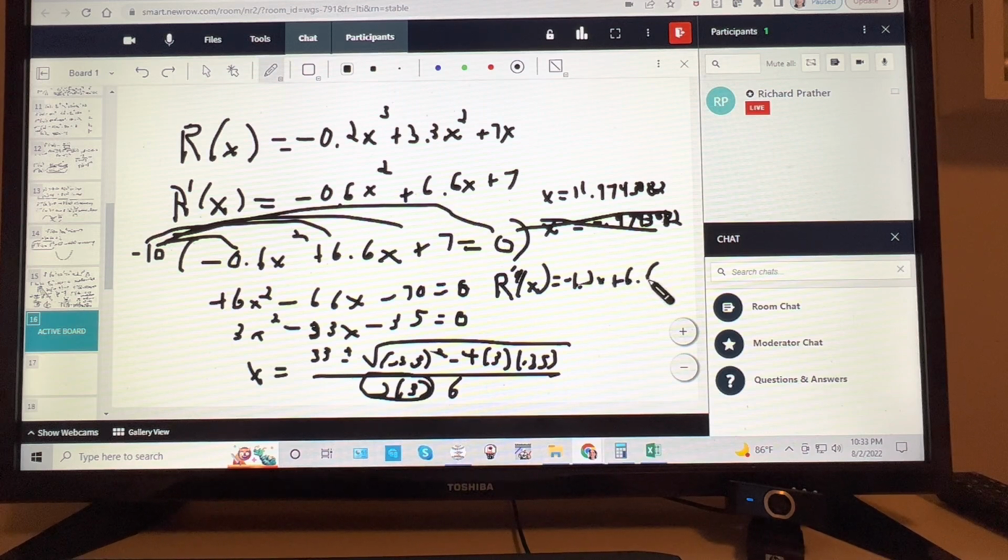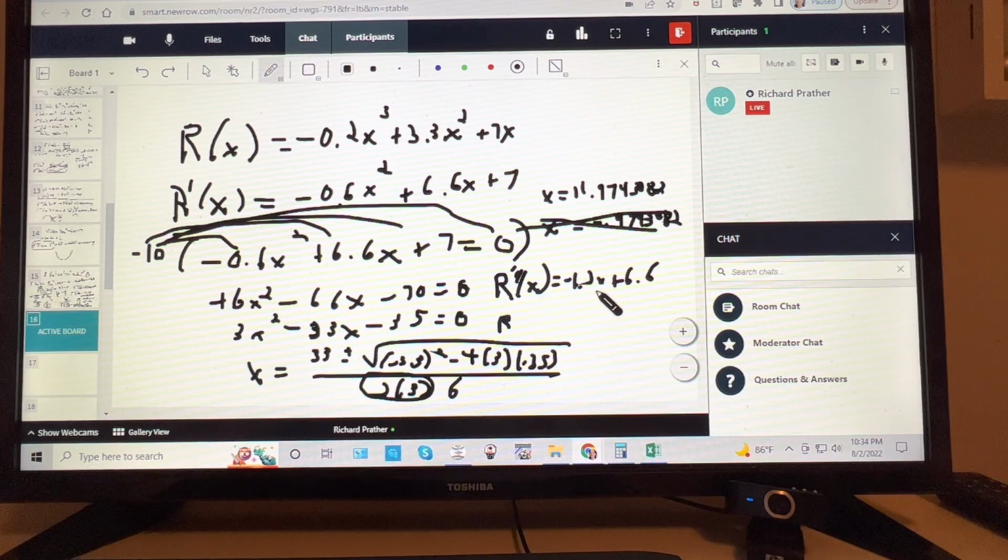It was pretty easy to do the second derivative. And then if I plug in, well, I'm doing the wrong kind of problem. I was going to plug this into the second derivative, and that would tell you if it's a local max or min, but they're actually looking for the point of diminishing return. So actually I did all this for nothing.